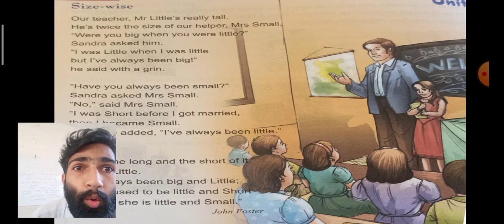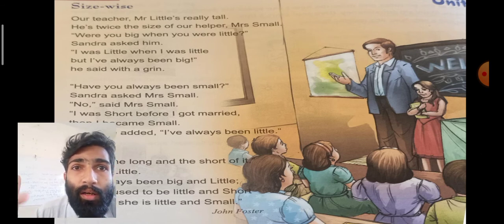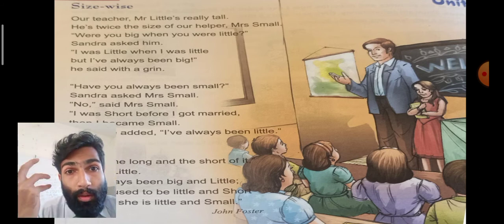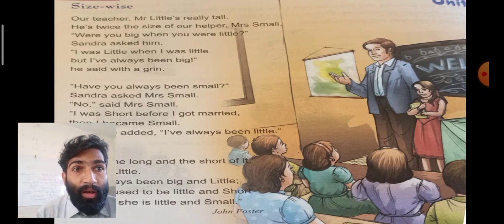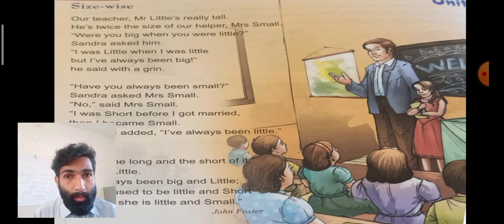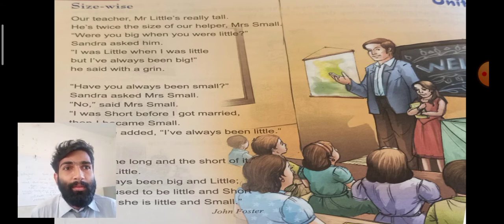Then, "Were you big when you were little?" Sandra asked Mr. Little. Meaning, in his childhood, was he big or small? Because his name is Little, she asked with fun whether he was big in size.